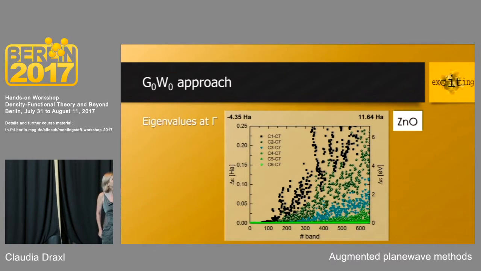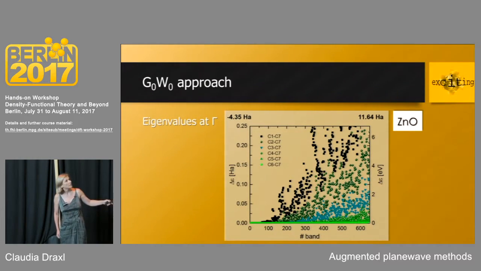So you see, if you're just interested in a region around 50 bands, or let's say 100 bands, it doesn't matter. You can take any basis set you like. But the higher you go in energy or in the number of bands, the discrepancy between the Kohn-Sham eigenvalues of these basis sets becomes more and more pronounced. It's in the order of a few electron volt.